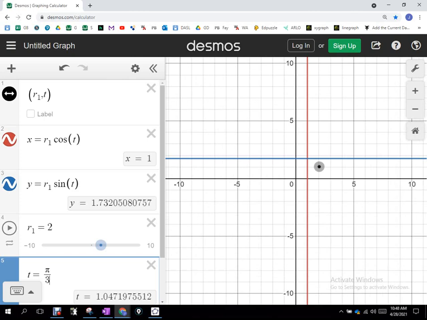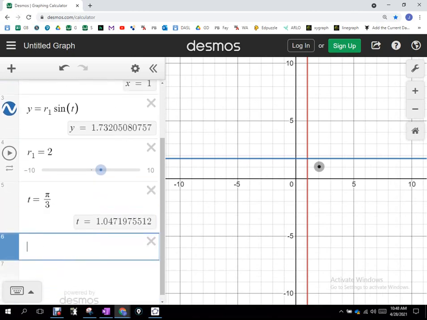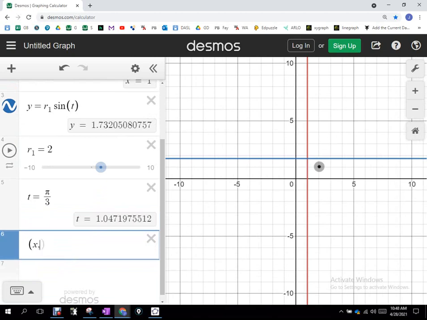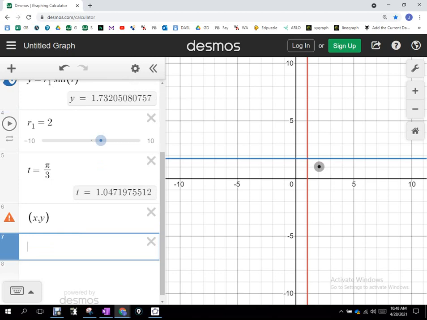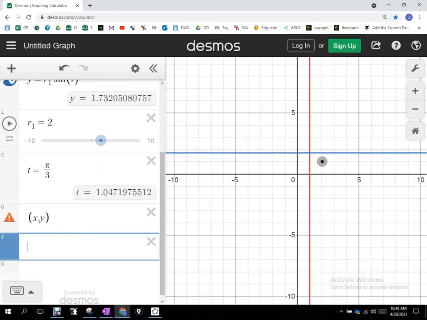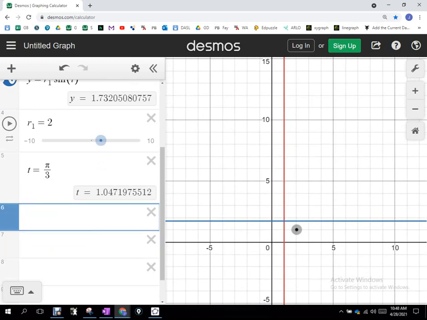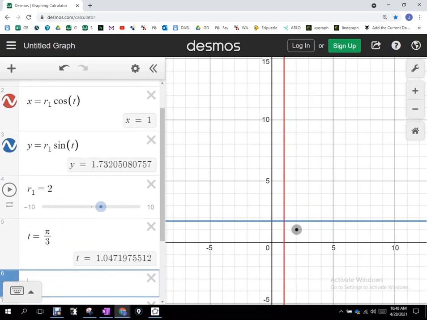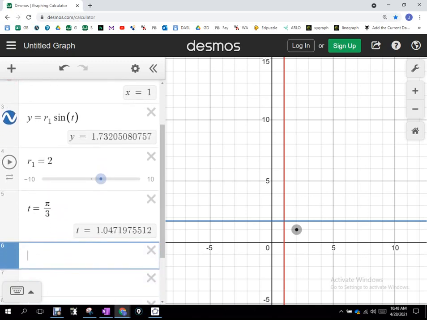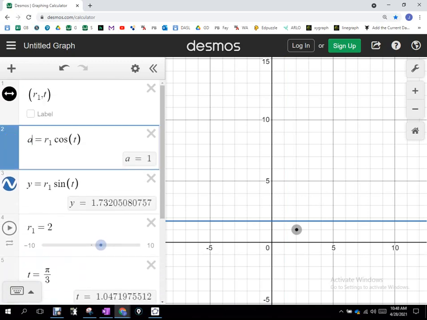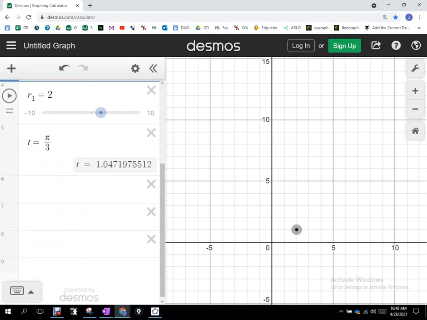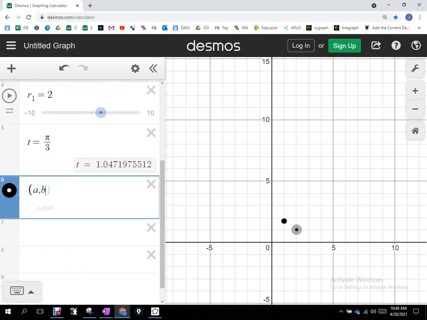Now, if you want to do it that way, that's fine. That shows you the intersection of those two lines. I don't know if I can go x comma y, if it will plot those for me. It doesn't. So I go f comma x comma y. Nope. So if I want the ordered pair to be plotted, there's a couple different ways I can do this. I could call that A and call that B, then come down here and graph A comma B.